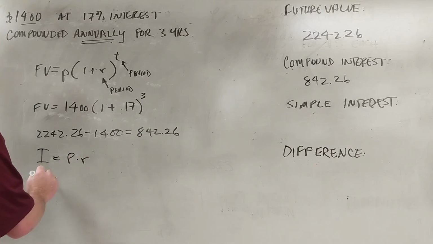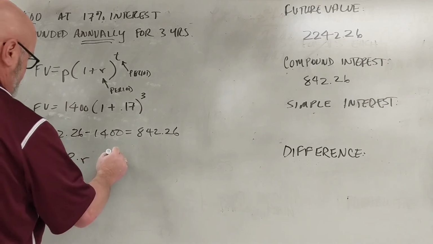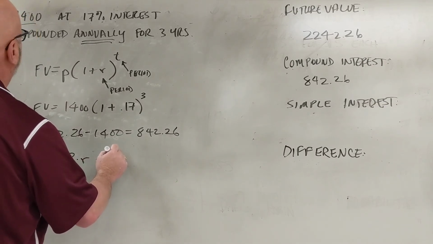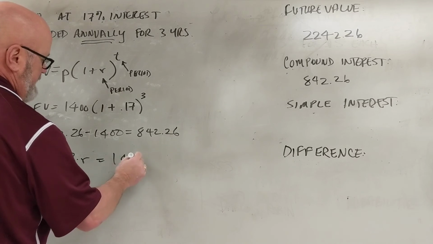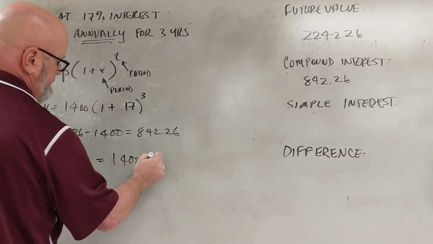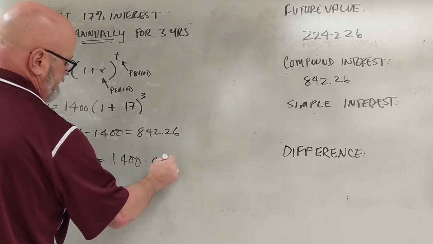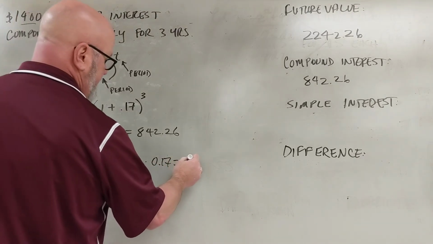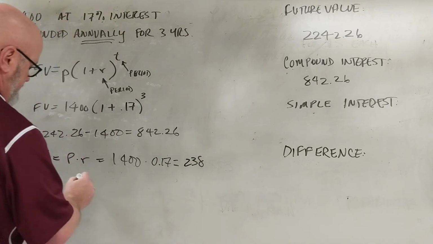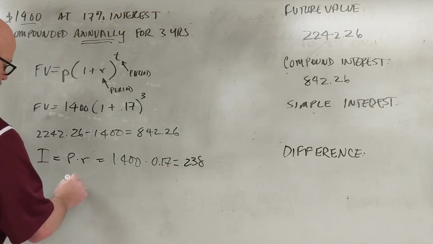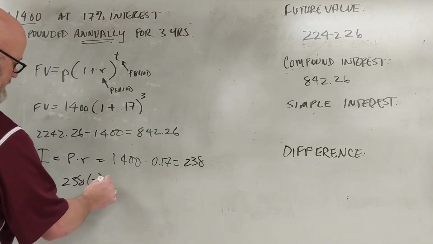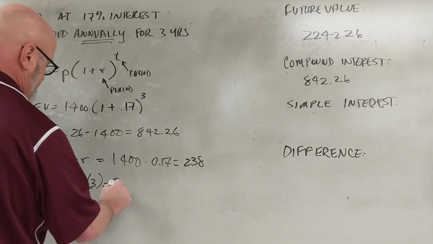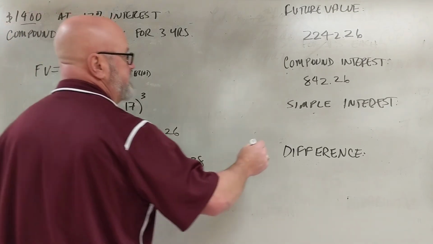And this is simple interest, so our interest in this case is 1,400 times the 17%, 0.17, and that gives me $238. That is each year. So for 3 years, we'd have 238 times 3, or $714 interest.